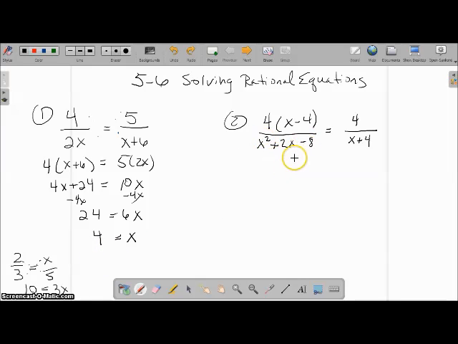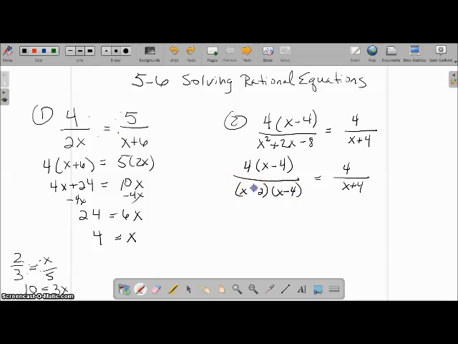Over here, same idea, but I strongly suggest that you factor first, because it will make your life a little easier in the long run, or it can anyway. So if you factor this denominator first, you are going to get a 4 and a 2.